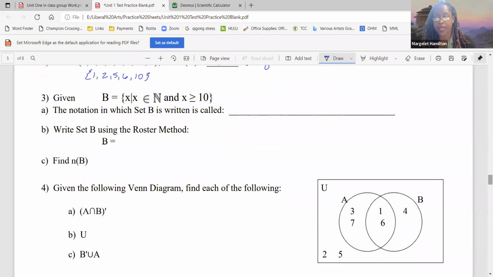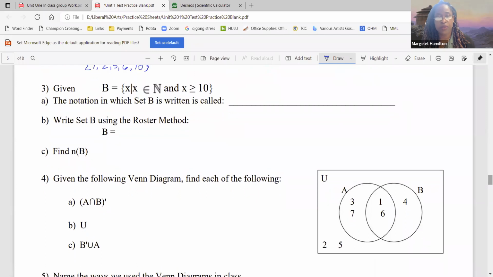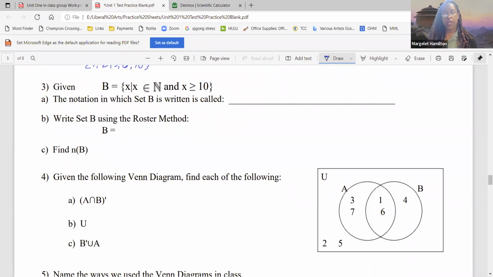So we are looking at 3 now. Trying to move it through. Did we get to, given this set here, B, they gave us the set of all X such that X is an element of this N thing. What does this N represent? Natural. Okay, our natural numbers.